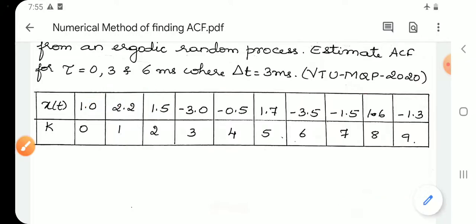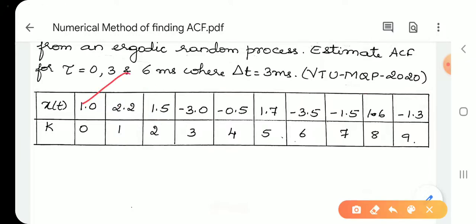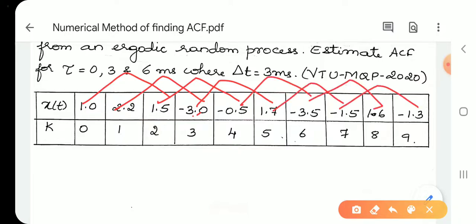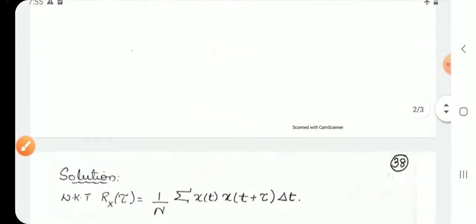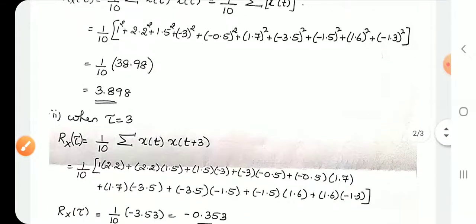3 plus 3 is 6. Therefore we will take first and third, second and fourth, third and fifth, fourth and sixth, fifth and seventh. Like this we will take each as the product, then we will add them all.